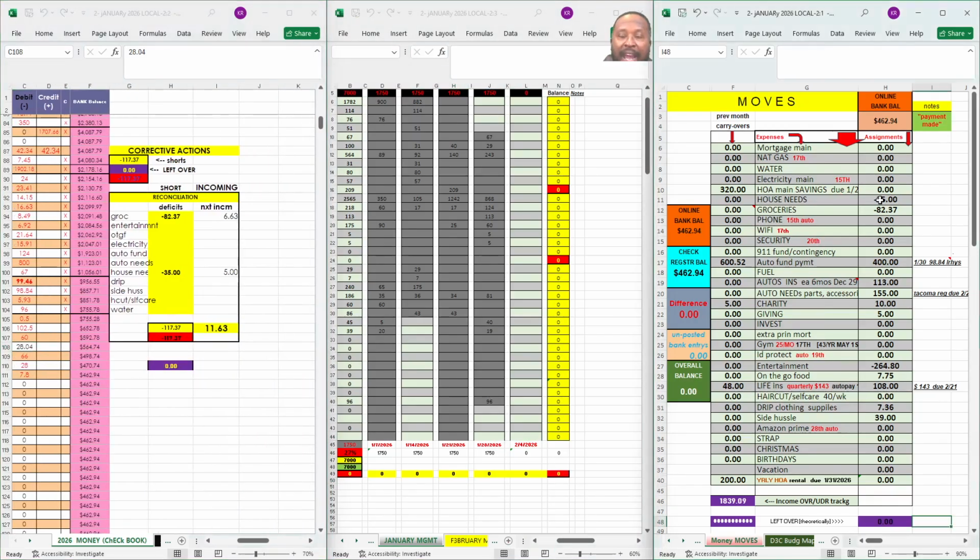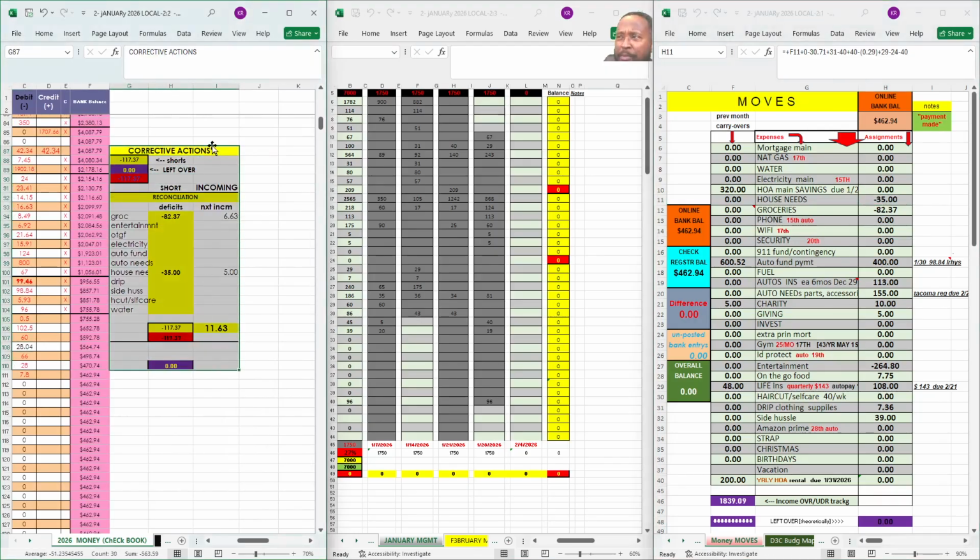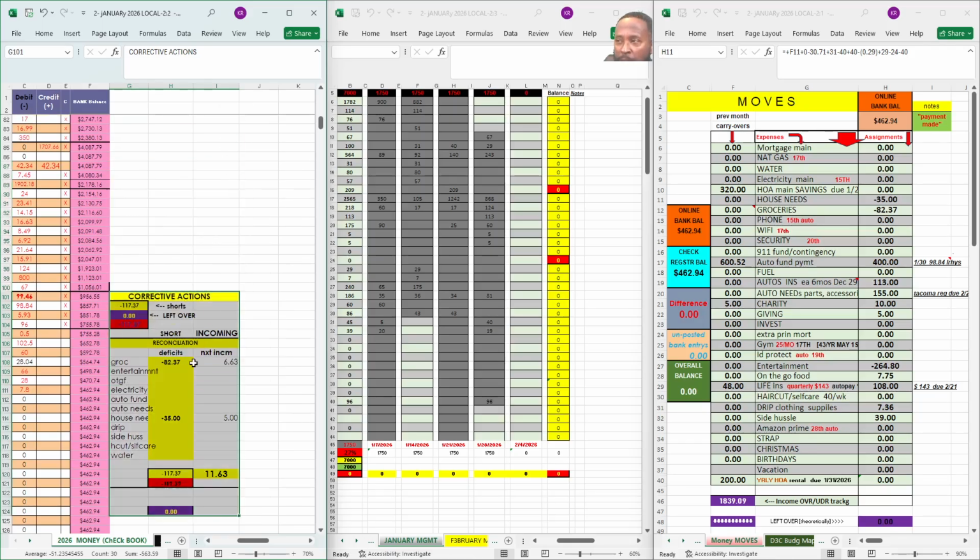All right, so since I have these negative balances, I always use this corrective actions formula right here. It's just a simple formula showing what corrective actions I need to make in order to make sure that I keep all of these finances in order. So in this particular case, I'm going to create, first of all, this shorts amount here.